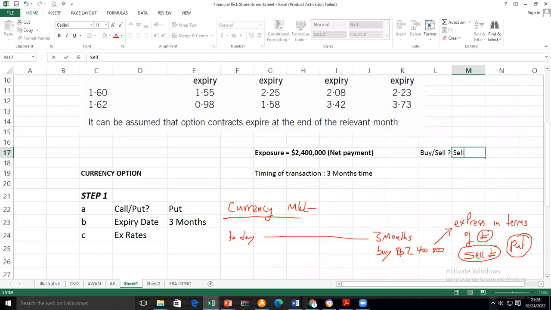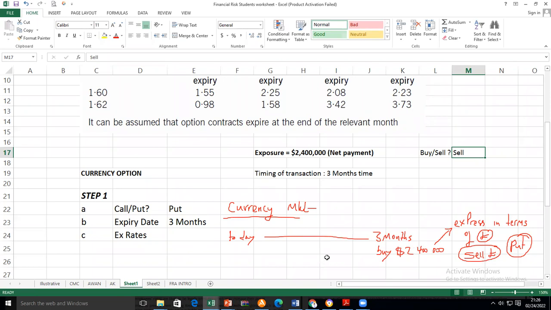You want an obligation to sell your pounds because you'll have pounds. So you lock in yourself that I want to sell my pounds. So it's consistent, sell, and that is why when it comes to options again, it's a put option. You want the right to sell all the pounds that you have so that you can get dollars in exchange.